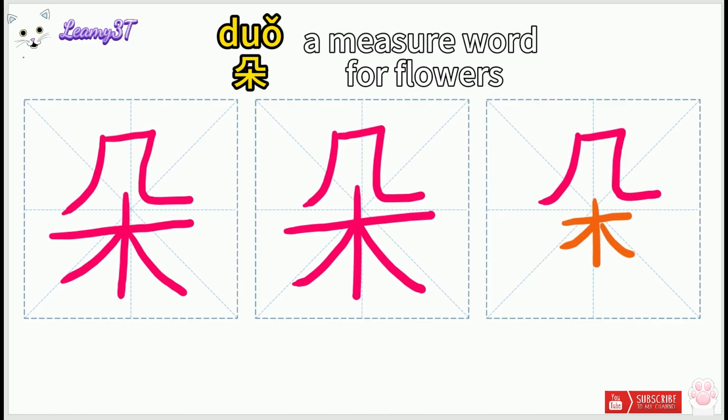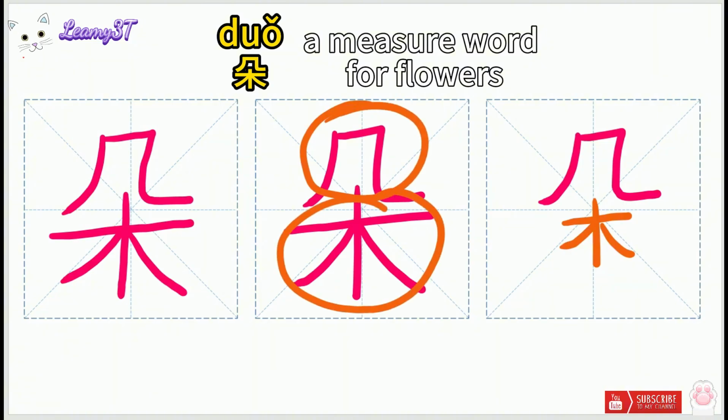It's just very weird. The top and the bottom should keep each other half and half.